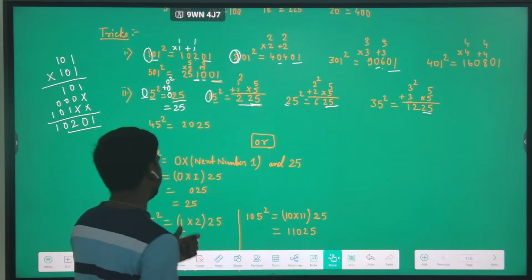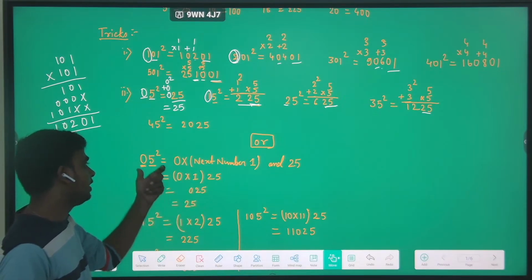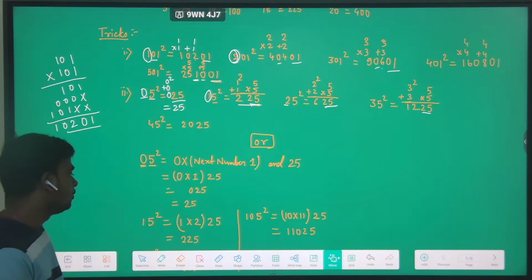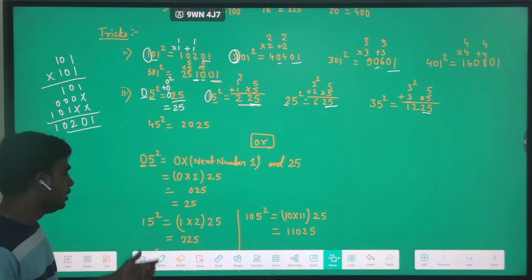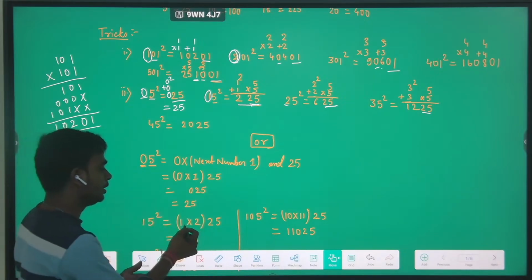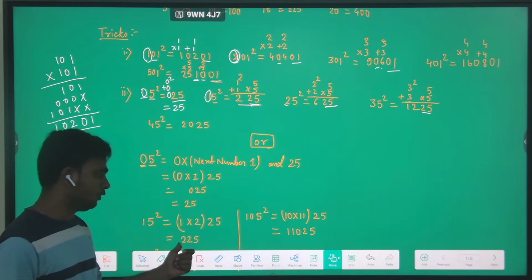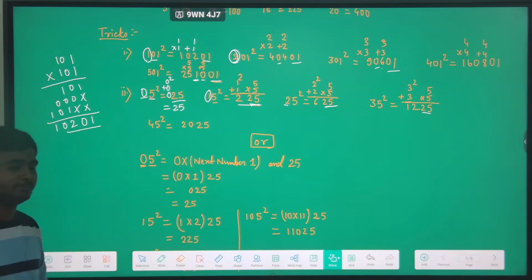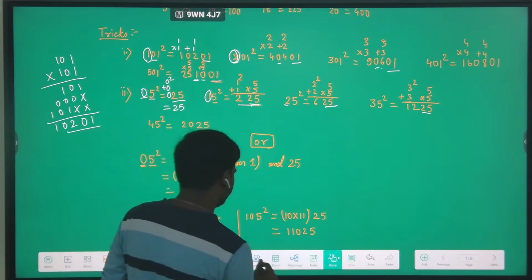Okay, this is the second approach to find the value of 5 square as 25. For 15 square, this 25 is fixed. We will multiply this 1 with the next number, that is 2. 1 into 2 is 2. We will get the value as 225. For 25, what will we do?